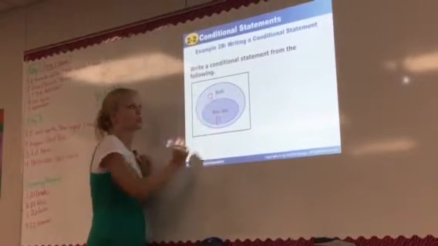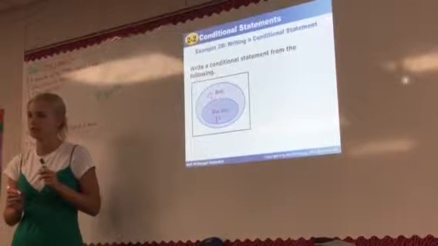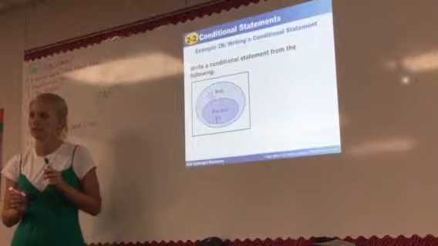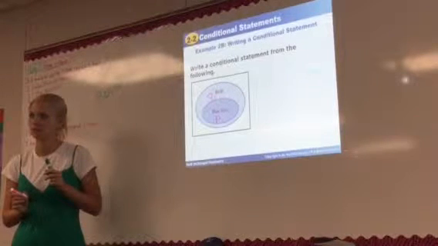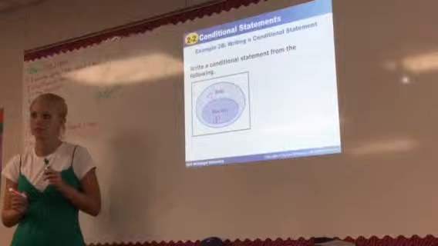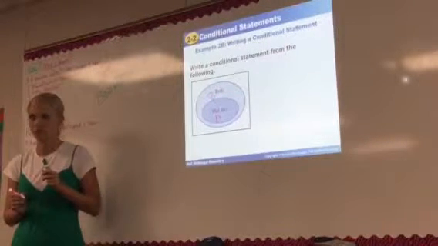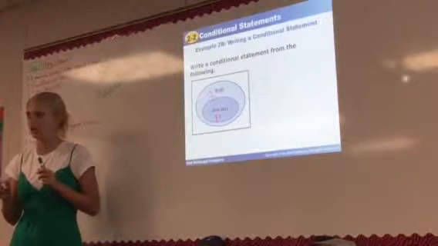Okay. So, does anybody have any ideas how we could write this as a statement? Sarah, do you have any idea? We know birds is going to be after then, and blue jays are going to be after if. Okay, good. If blue jays, then birds. You're getting there.